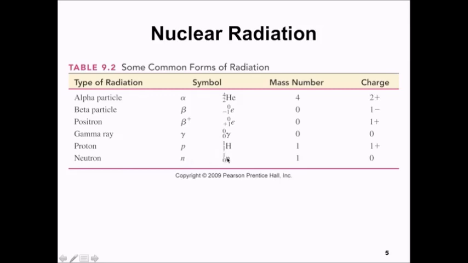Now you might be wondering, if these types of radiation are coming from the nucleus, how can I have an electron that comes from the nucleus? Well, an electron from the nucleus is really coming from a neutron decaying. Because if we think of a nucleus, let's say we think of a neutron, n, as being equal to a proton and an electron combined together.